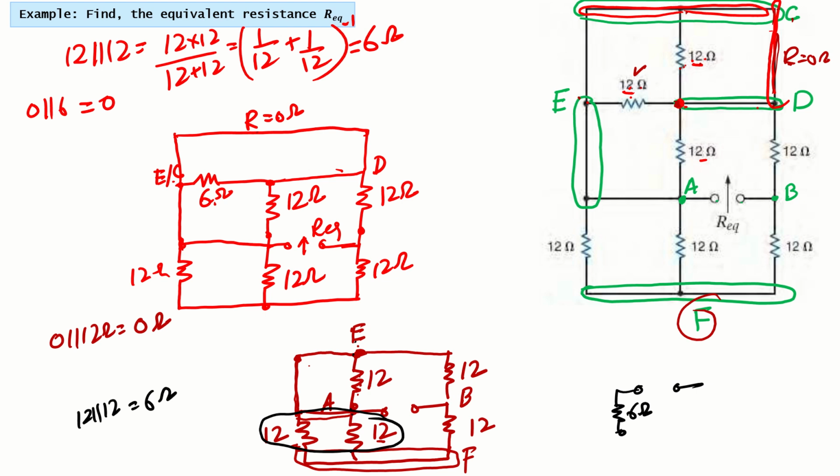That will be shorted, right? So we are left with what? A simple short line here, right? Between, a simple short line here, and this is 6 ohm.